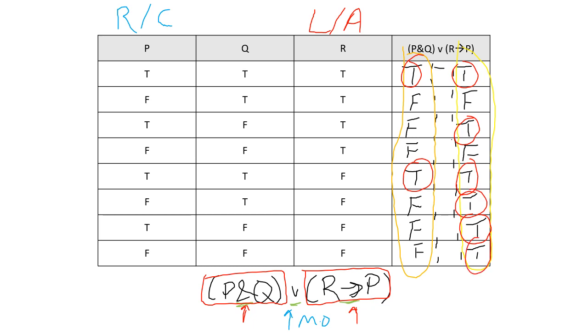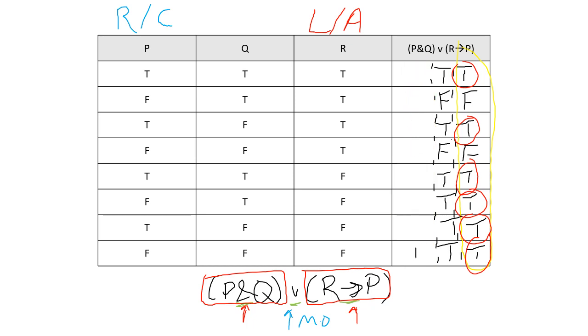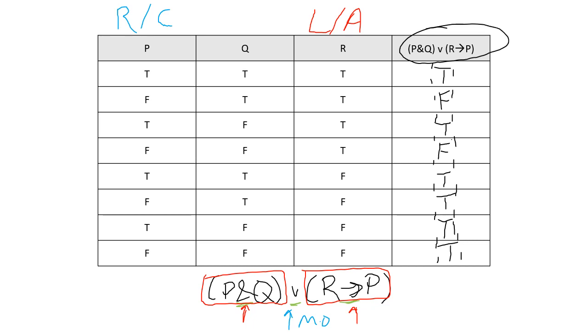So this one's going to be true, this one's going to be true, true, true, true, true. The only ones that are false are these two right there, because both sides are false. And then all we have to do is eliminate this extra work that we did to get to this column here. And so that becomes the values for the full sentence, P and Q or R arrow P.